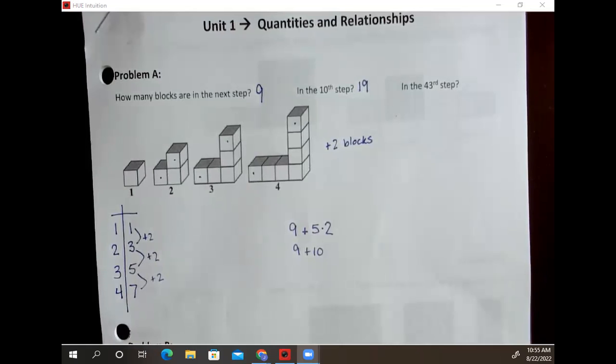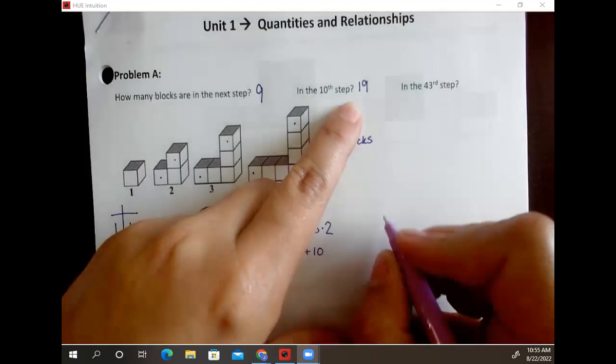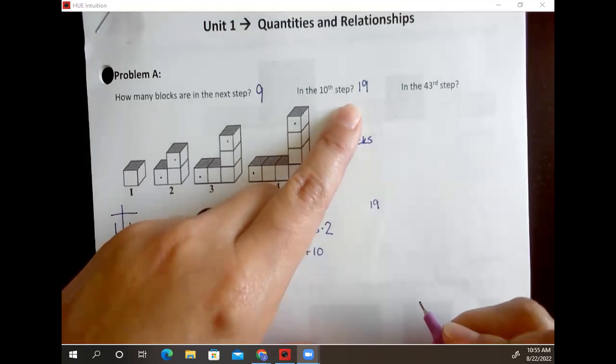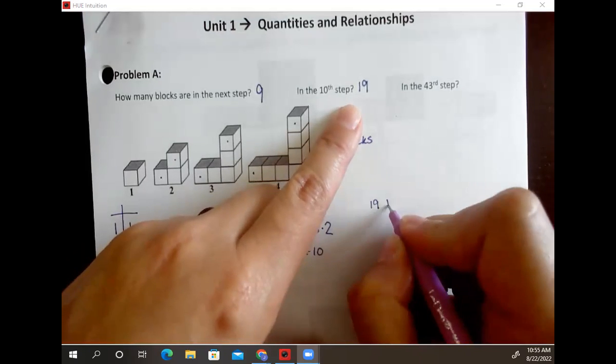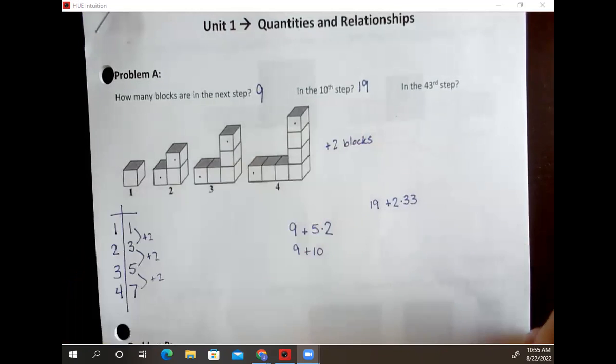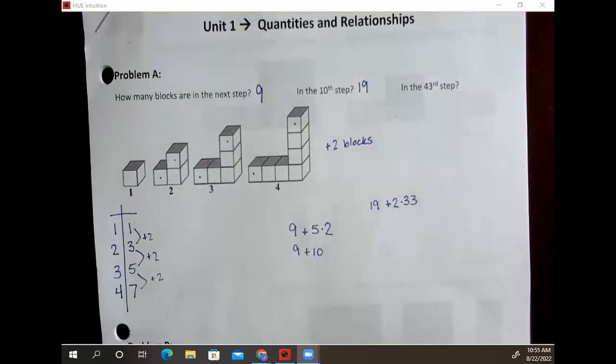I've got 33 more to go. I'm going to add 2 on each of those 33 steps. So we know the number for step 10, so we can start at step 10. Okay, we've got 19 blocks right now. And then I've got to add 2 for 33 more steps. That would work. We also, if we wanted to, could count from the beginning.